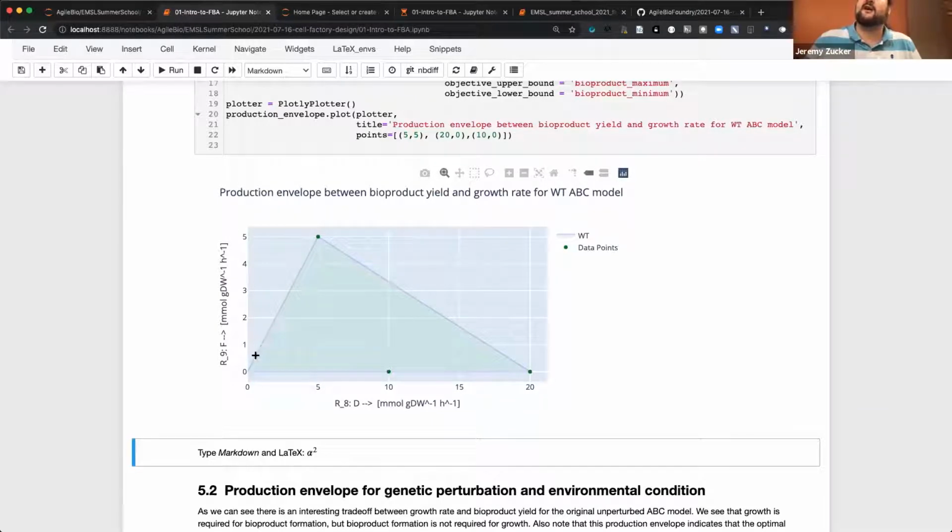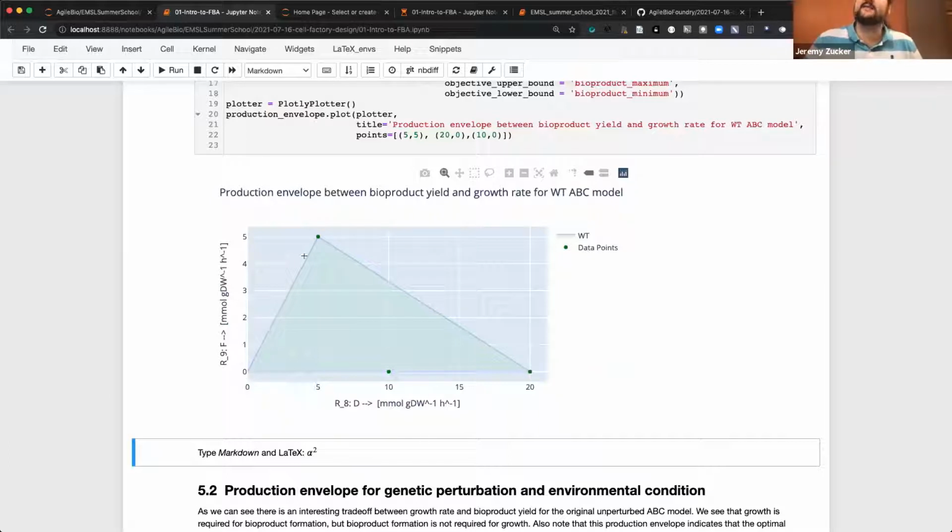We see that if we start off with growth rate at 0, then you get 0 bioproduct yield. But as you increase growth rate until you get to a growth rate of 5, that's when you get your maximum bioproduct yield. And then as the growth rate increases, it starts to steal material away from your bioproduct until there's no more bioproduct left at the maximum growth rate.